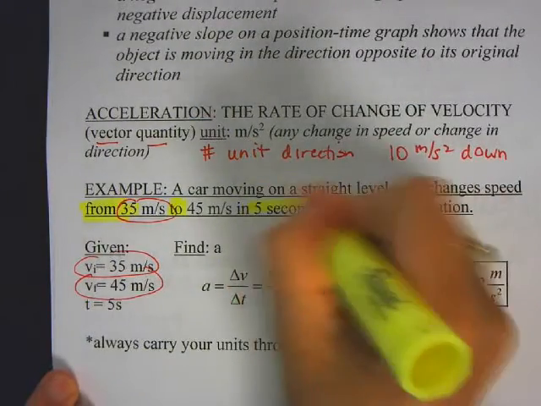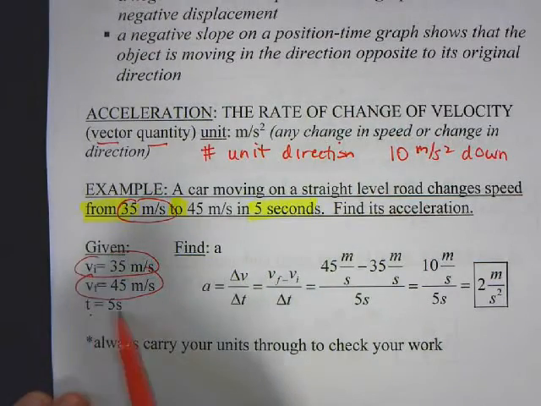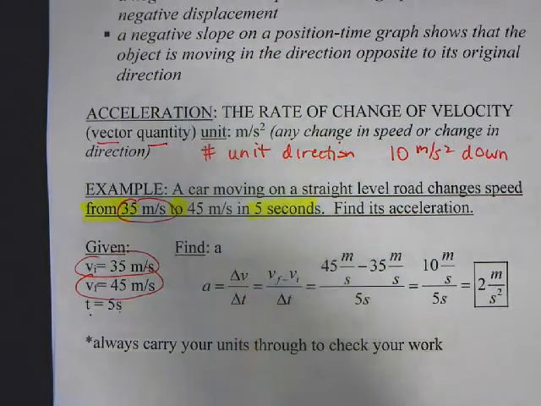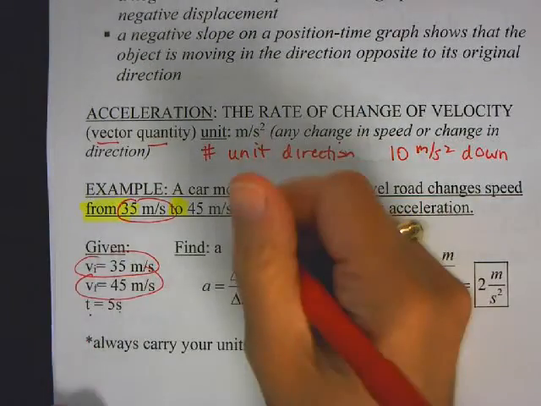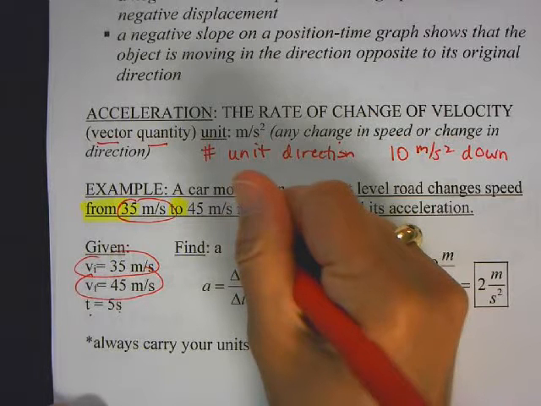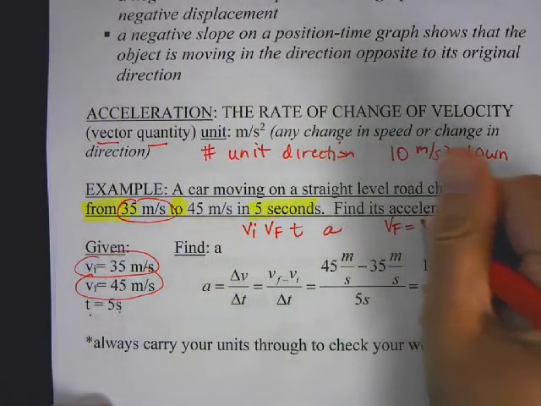So 45 minus 35 is 10. Now, whatever I do to my number, I do to my units. You see, I say 10 divided by 5 is 2, right? But now, what is a meter per second divided by a second? Well, remember when you learned about fractions and you learned that if I want to divide fractions, it's the same as multiplying times the reciprocal?